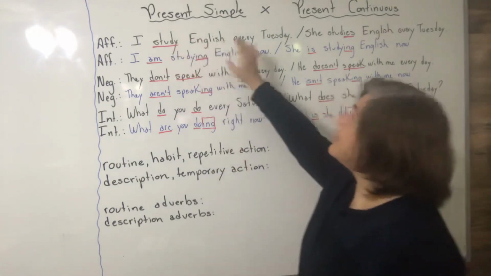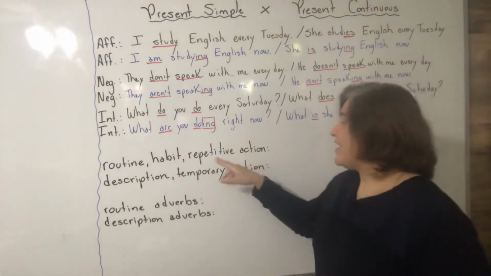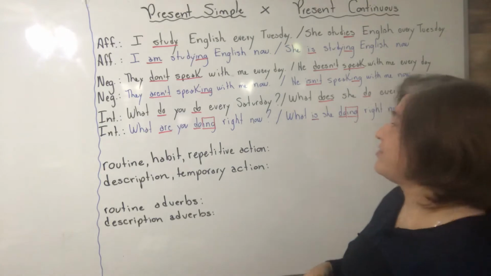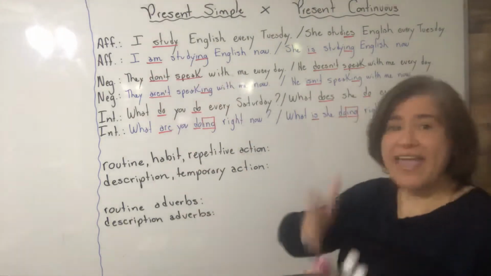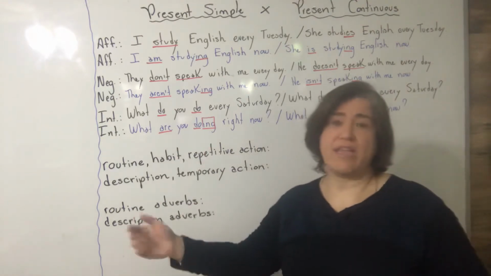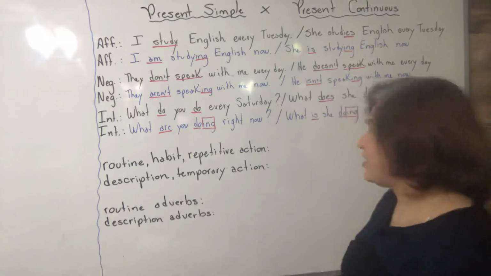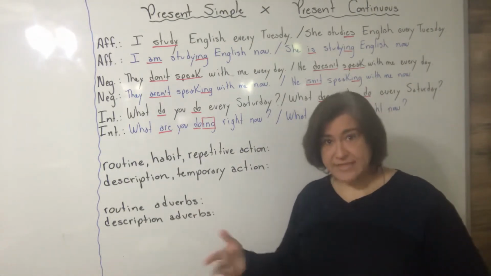I study English every day. It's a habit, okay? When I speak about repetitive actions, okay? They don't speak with me every day, okay? Repetitive action. I eat every day, repetitive.